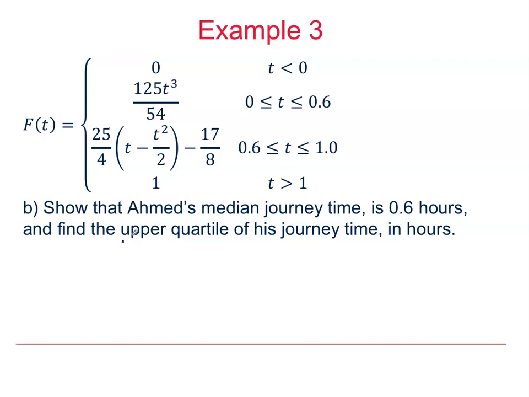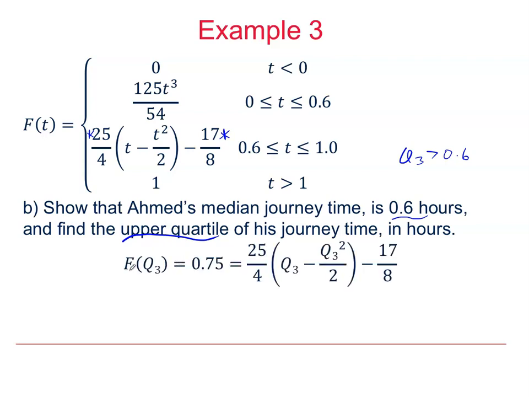To find the upper quartile, we need to consider that the median value for the journey time was 0.6 hours, so the upper quartile is going to be greater than 0.6 hours, and that means that we must look at this element here of the CDF.